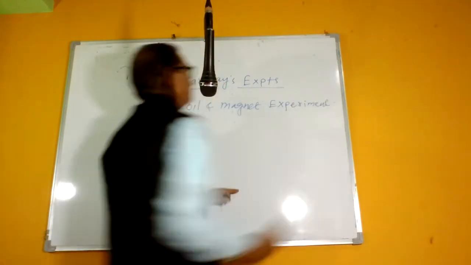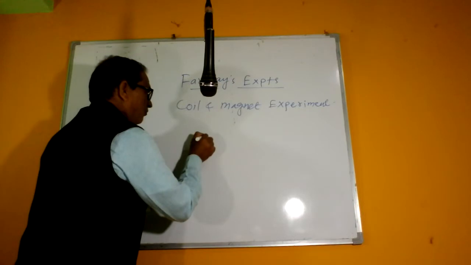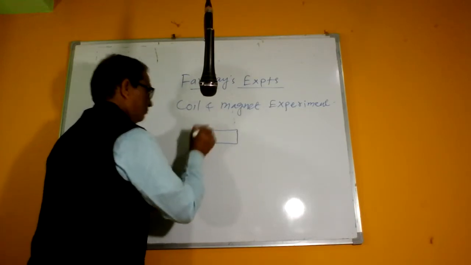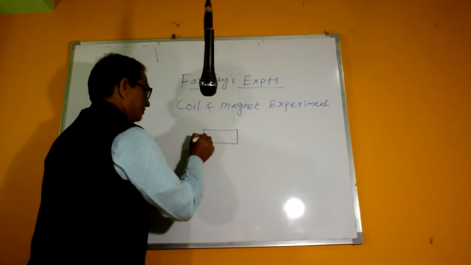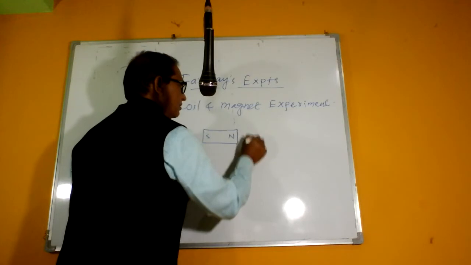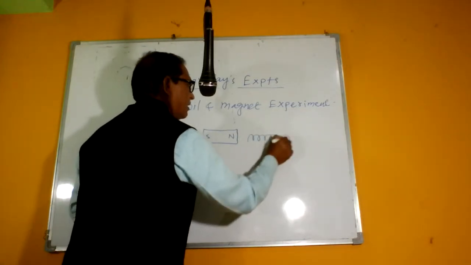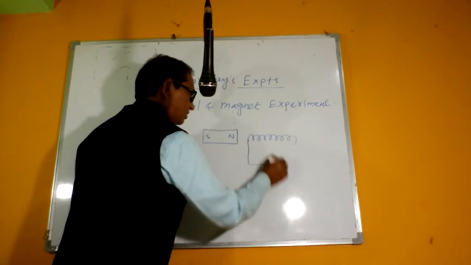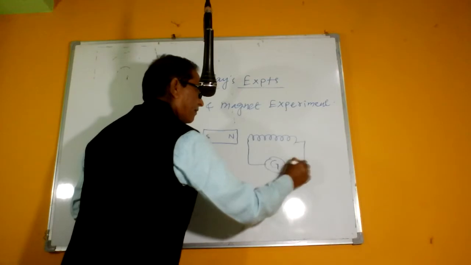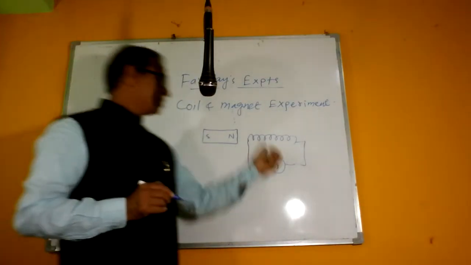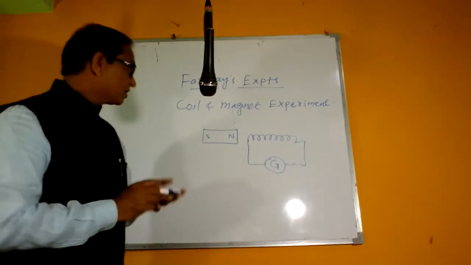We are using a bar magnet having N and S poles, and here is a coil. The two terminals of this coil are to be connected to the sensitive galvanometer. This is the coil and magnet experiment.